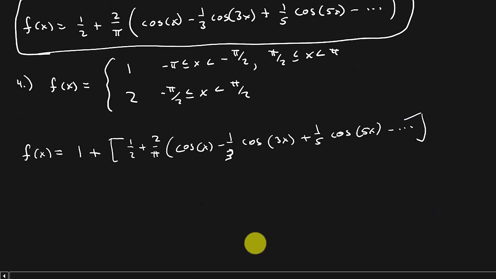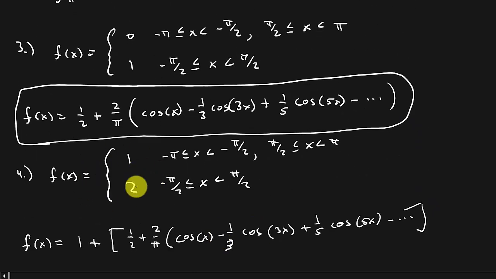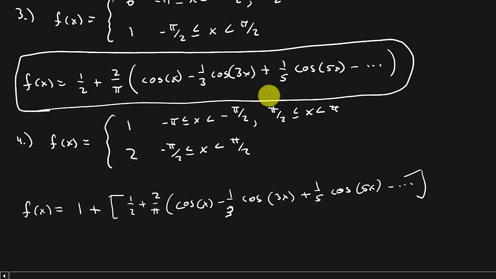Okay, so you notice that all of these values are 1 greater than that. So all we're doing is taking the solution to this one, which is here, and adding 1 to it.